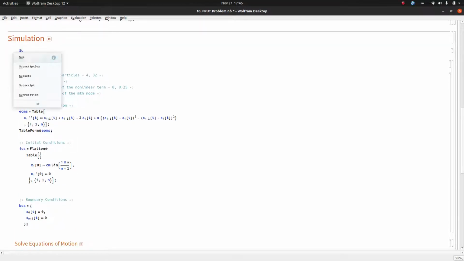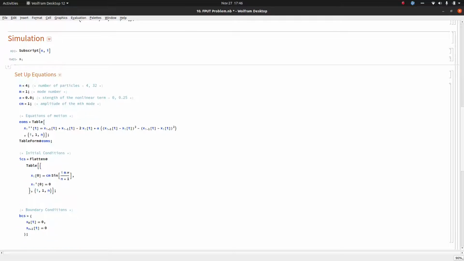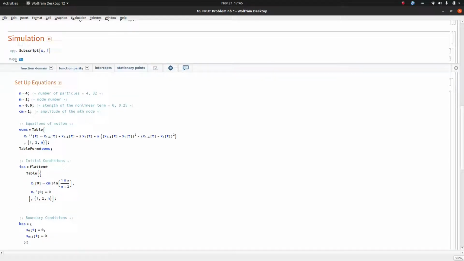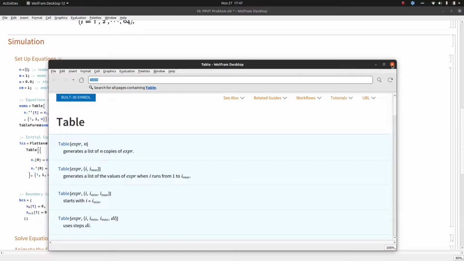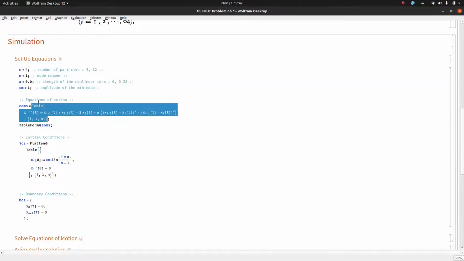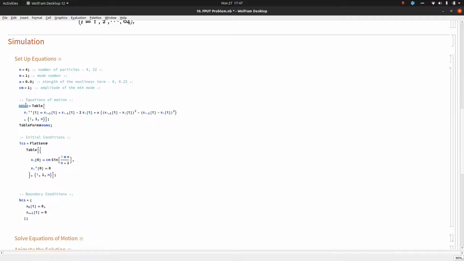One bit of code which I have not showed you is that we are using subscripts here. If you notice the symbol here, x sub i, you can just use the subscript command and then copy that from there to get your equations of motion. Because all we're going to have is n coupled oscillators. In this case, n is 4, and we're going to make a table of the equations of motion.